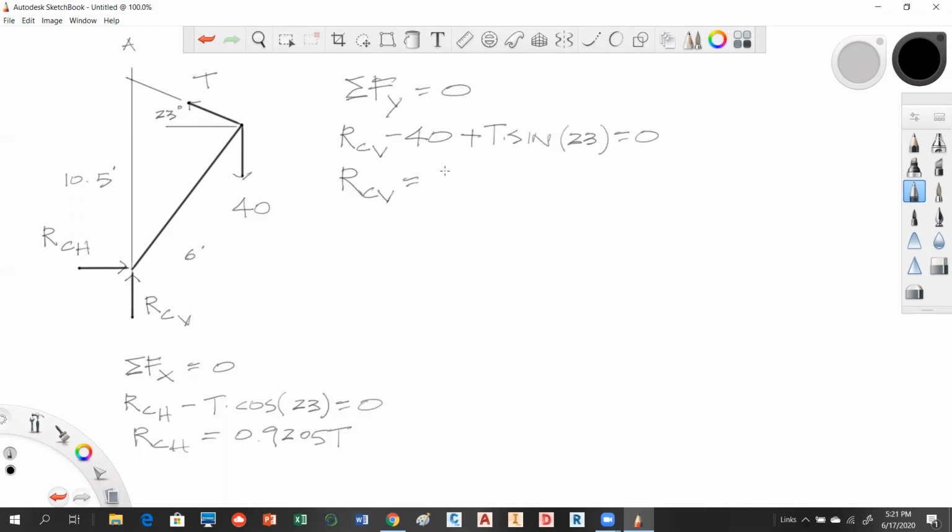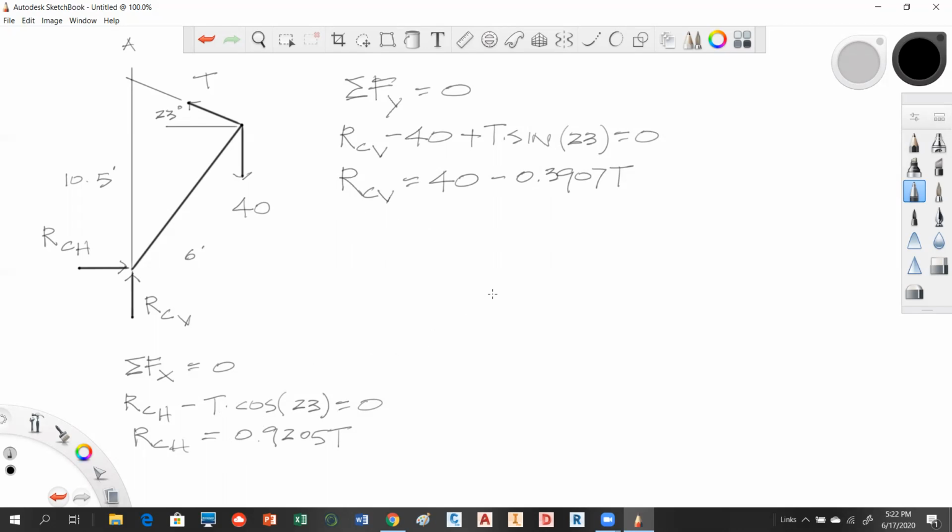RCV is going to be equal to 40 minus 0.3907 T. And so again, you got two unknowns here, but they're not the same two unknowns, so we can't solve it. So we have to look at a moment.